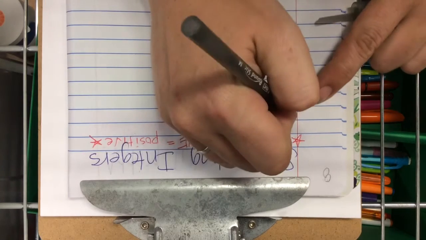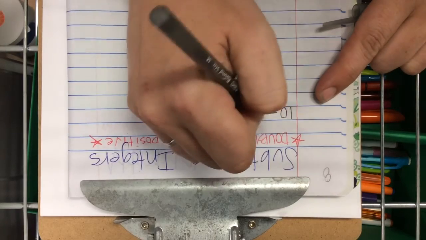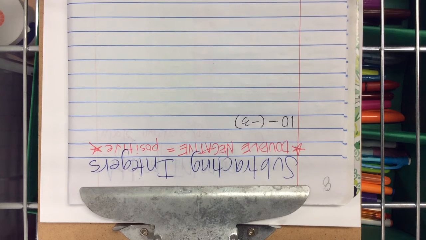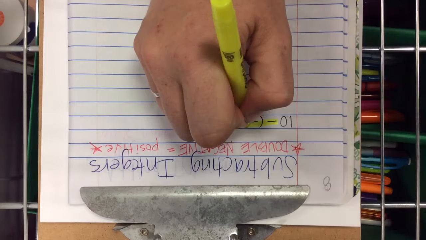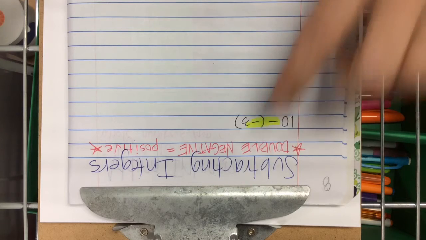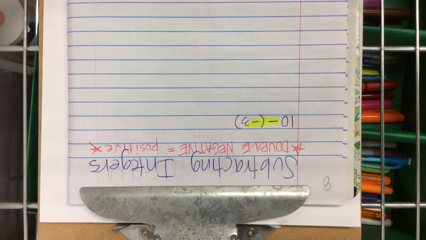First example. 10 minus negative 3. That's a double negative in math. Yeah, because there's a double negative. Now I understand those don't truly touch each other. There's a parentheses separating them.